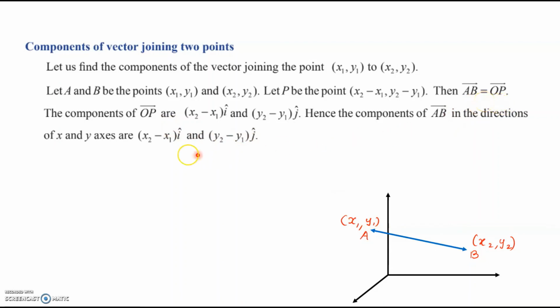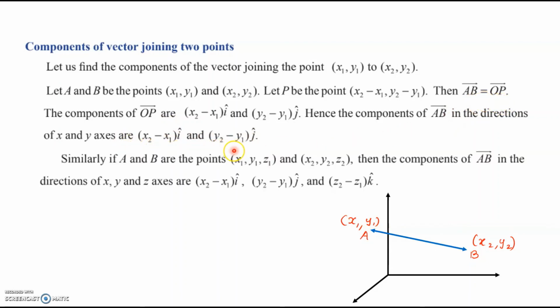Similarly, we're talking about two dimensions, xy. If we translate it to a three-dimensional space, then the components of vector AB will be x2 minus x1 i cap, y2 minus y1 j cap, and z2 minus z1 k cap.